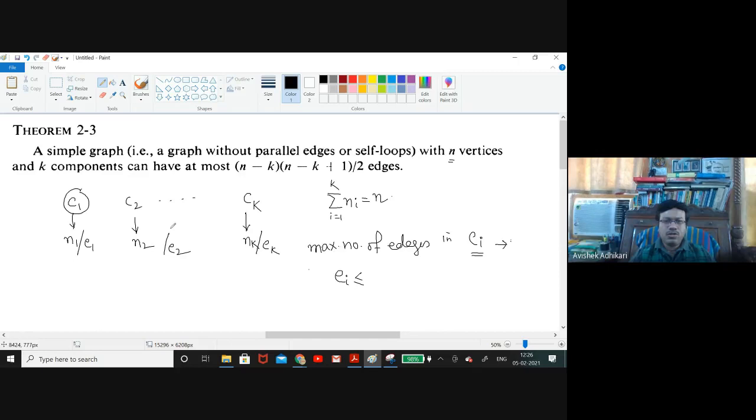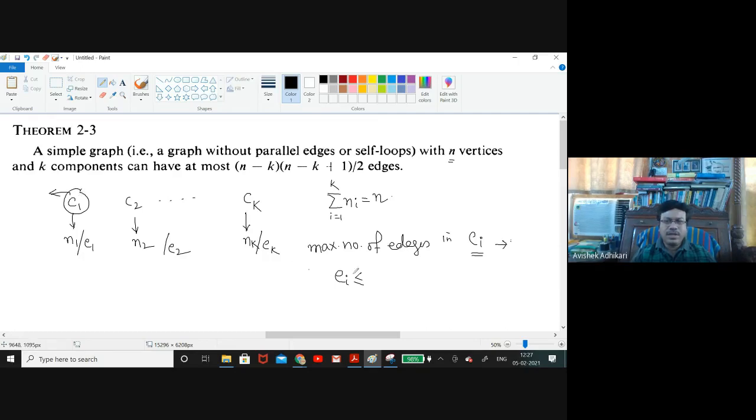Exactly. As you understand, this is a simple graph. So for C1, the maximum thing that could happen is the complete graph with n1 vertices, because you cannot go beyond the complete graph. That means you cannot increase the connectivity beyond the complete graph, so the number of edges cannot go beyond the number of edges of a complete graph with the same number of vertices.